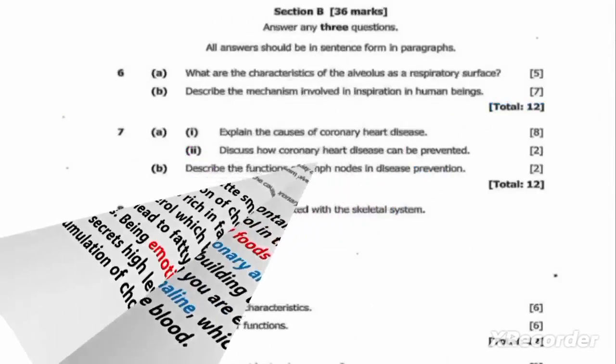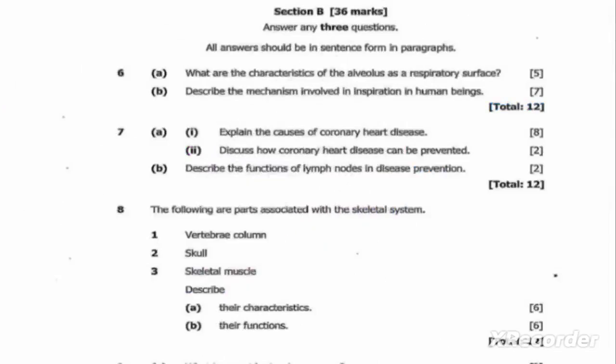Okay, we shift to the next question, which is question 7a, Roman numeral 2. Discuss how coronary heart disease can be prevented. So how can coronary artery disease be prevented? It can be prevented by avoiding the mentioned causes. You need to avoid smoking, you need to exercise regularly, you need to avoid being emotional.